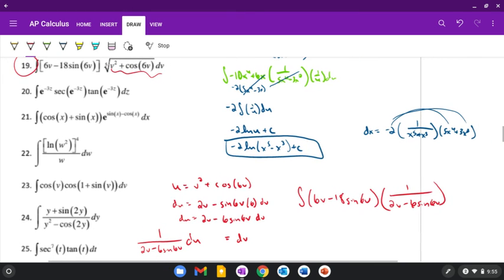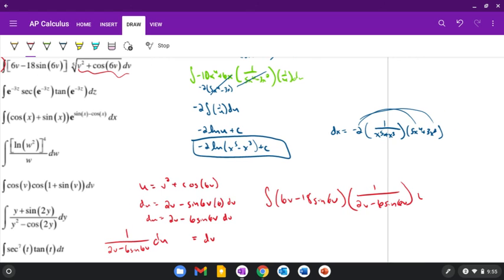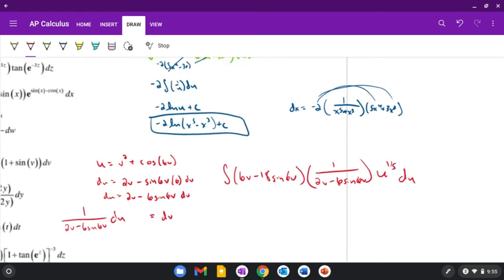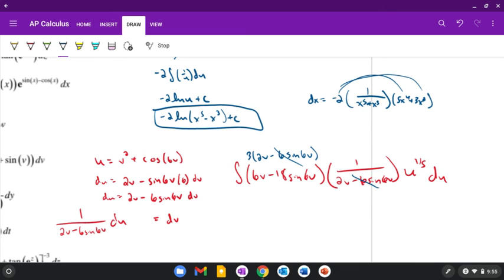And then I've got my u, and we'll write that as the 1/5 power, u to the 1/5 because it's the 5th root, du. With this one, looks like we need to pull out a 3 from this, right? So 3 times 2v minus 6 sine of 6v to make that work. And then it will cancel. So we have just 3 integral of u to the 1/5 du.